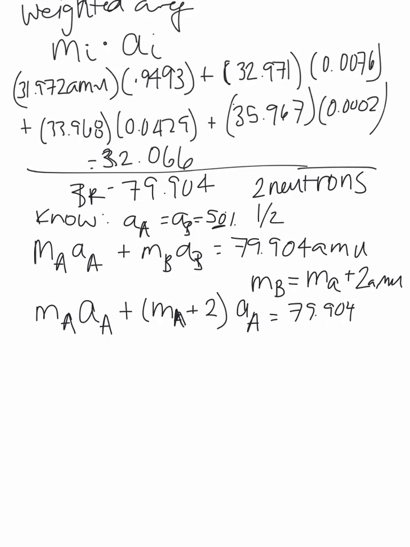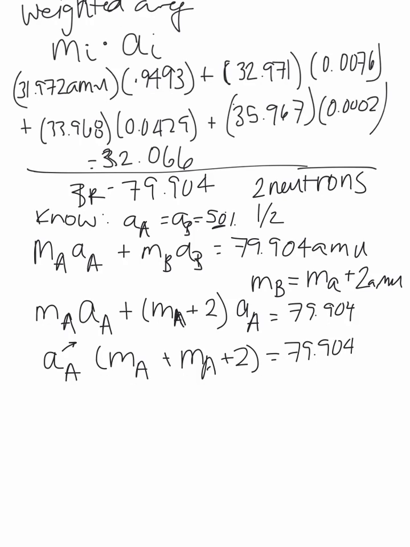If we do some algebra here, we can pull out the abundance of A, and then we get MA plus MA plus 2 is equal to 79.904. Now, we know that the abundance of A is equal to 0.5 because whenever we're doing these abundances, we're going to be doing our percentages in terms of fractions.